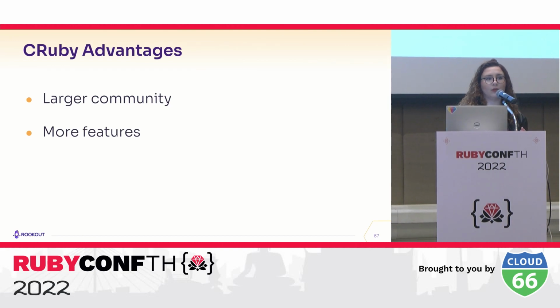If there's a problem you need to fix, there's probably someone out there who has already encountered it, whereas in JRuby, you might be the first person developing a debugger for Java in JRuby, so you won't really have anyone to turn to, or any Stack Overflow answer to your questions. So CRuby does have that big advantage. It also has some more features because JRuby is just catching up. And also, obviously, if you want it fully interpreted, with nothing compiled, then you need to go with CRuby.